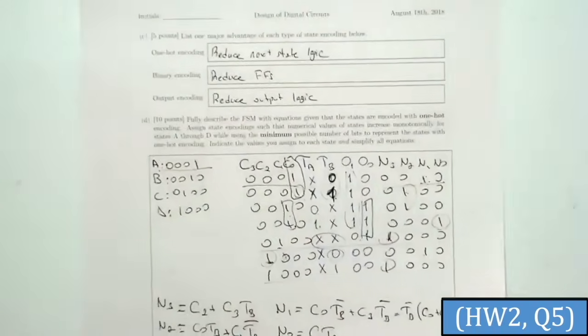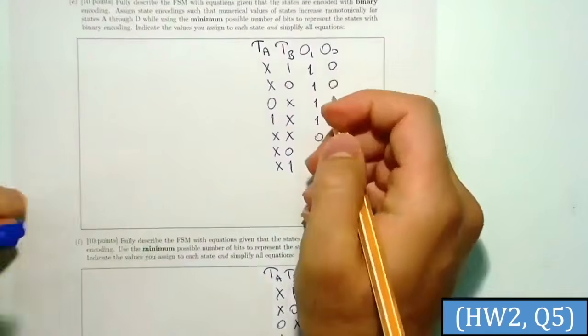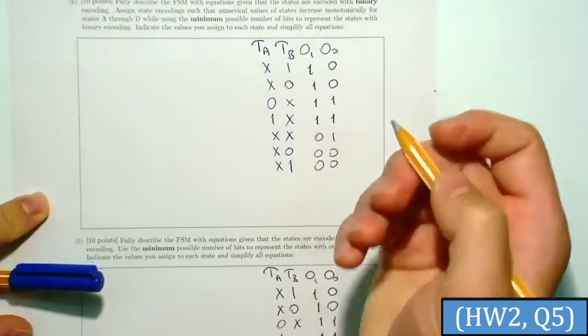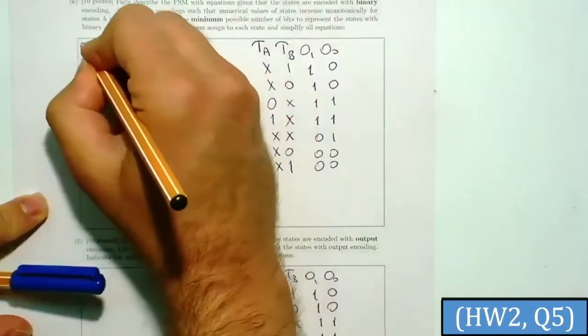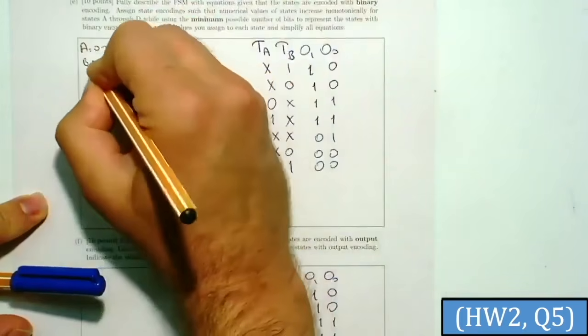Okay. All right, so we'll move on to the other one. For the binary encoding, we can use 2 bits to represent four states, right? So I'm going to represent A as 0, 0, but it's all up to you how you represent it.